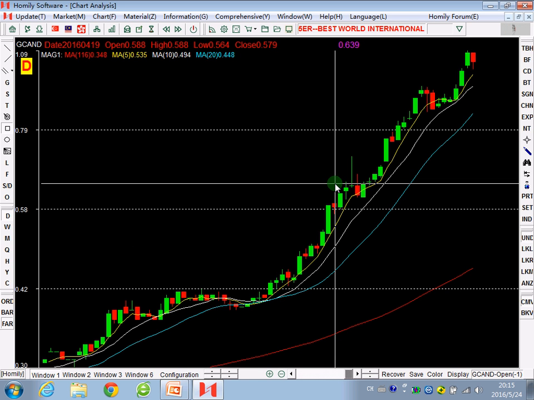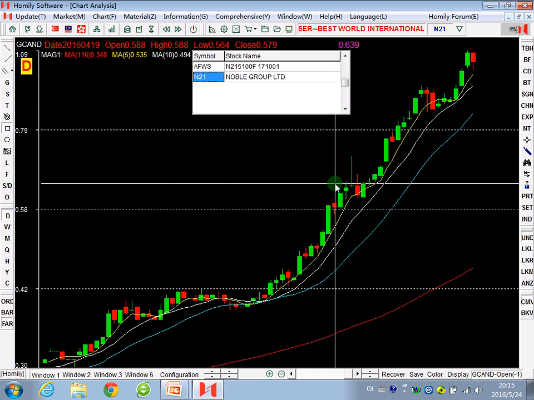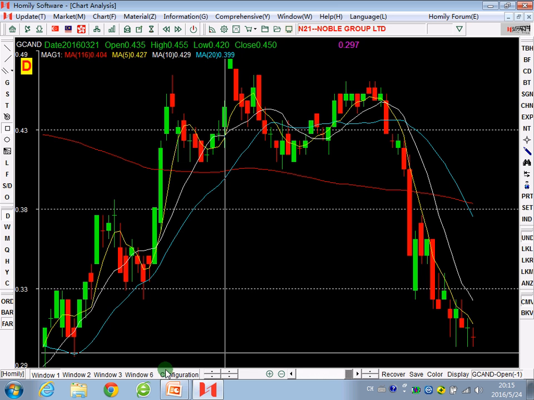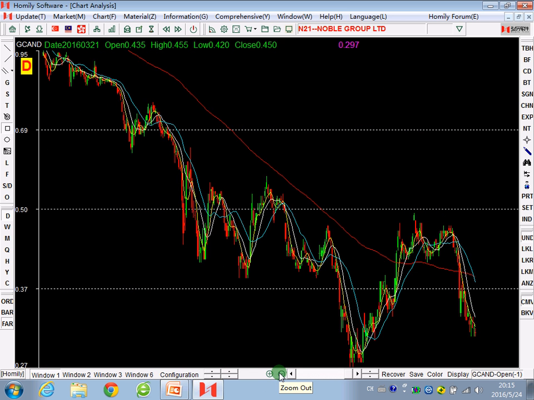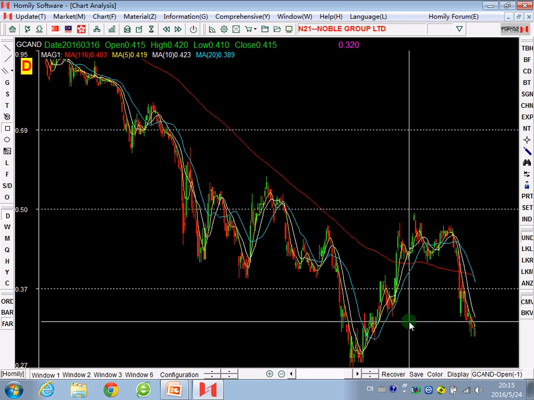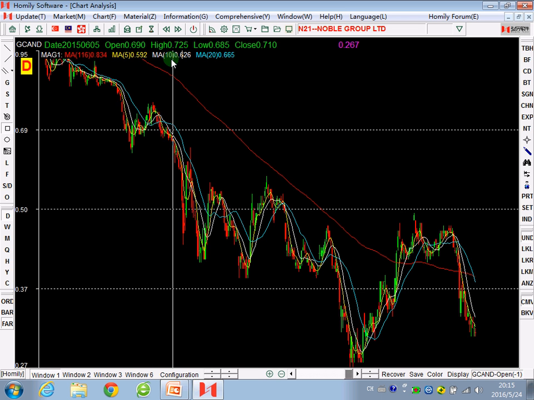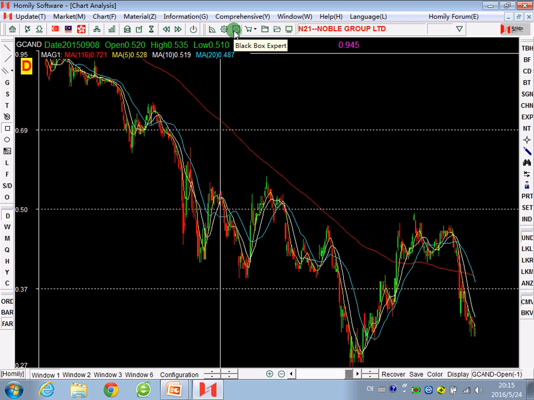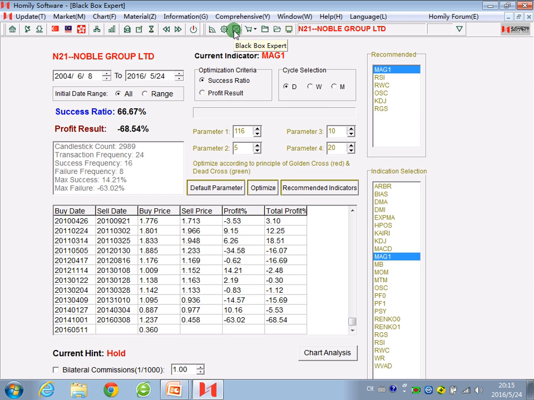Then if we want to know the best parameter for Novel. This is Novel, right? Okay. So good or not? Not good, right? Recently it's not good. Okay. Then we can click black box expert and choose the best parameter for this stock.